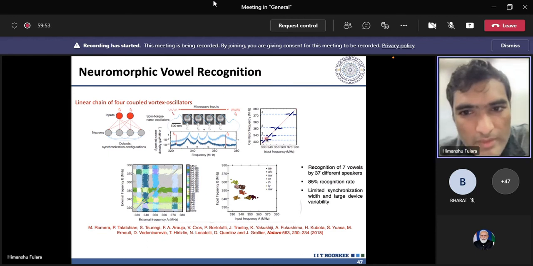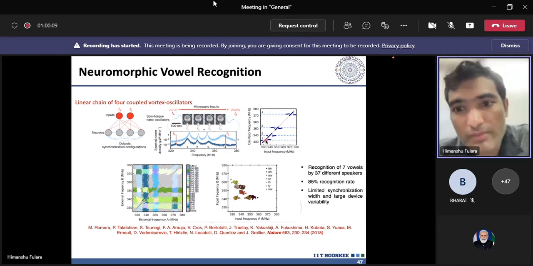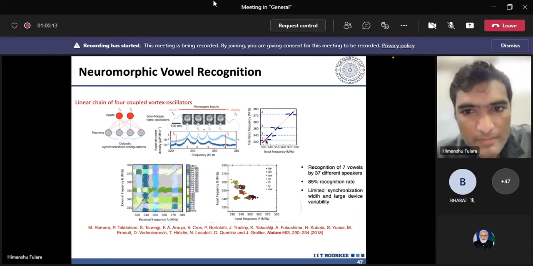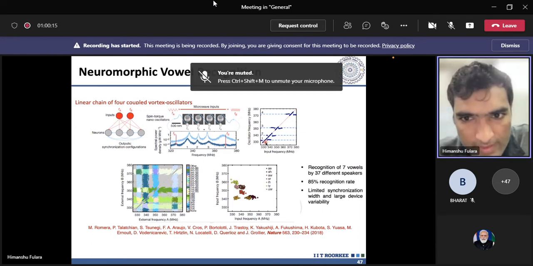So they form a single signal here. This is basically the injection locked state. This is one state, but you see that it arises at a certain frequency, not in the entire range.